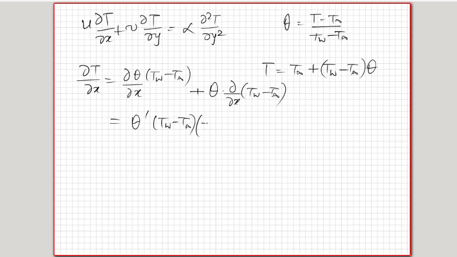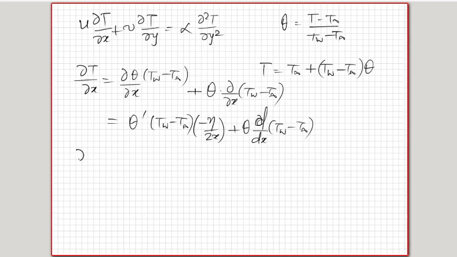So into minus eta by 2x, that is the first term, plus theta into, I'll just keep it there this way because it's only a function of x, d by dx of T wall minus T infinity. Because T wall minus T infinity is only a function of x and not a function of y, so I'll write a total derivative and keep it there. Okay, so this is dT by dx.